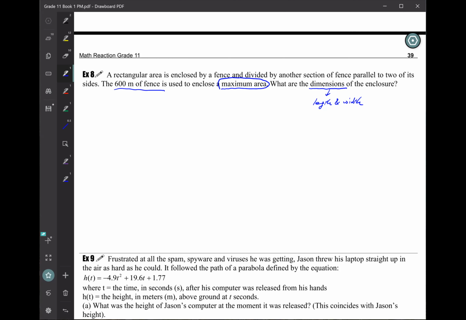Okay, Harry, you want to share with us your drawing? You can draw it on the screen. Okay, so that's a rectangle.